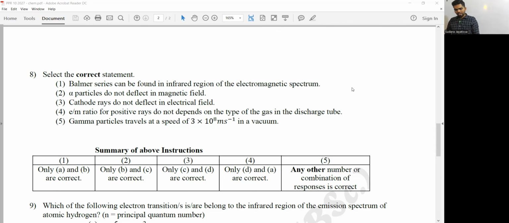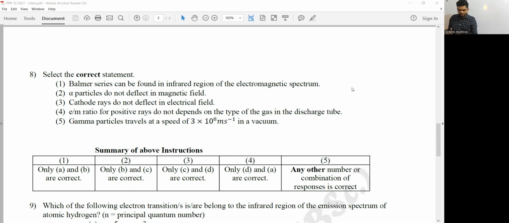Understood? And about the fifth one, gamma particles travel at the speed of light in a vacuum. So that one is correct. But one of you is suggesting whether that one is wrong also, because it says particles. But it is not wrong. We can say gamma waves, gamma rays, gamma radiations, fine.